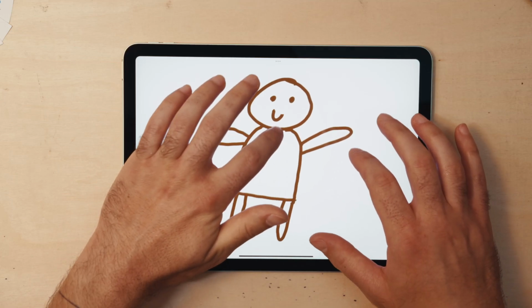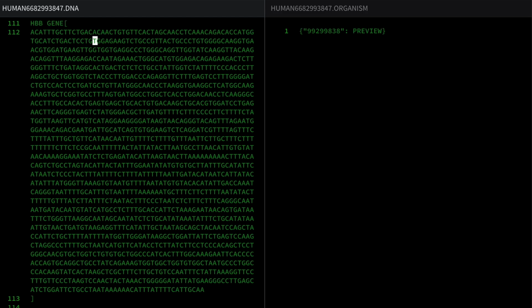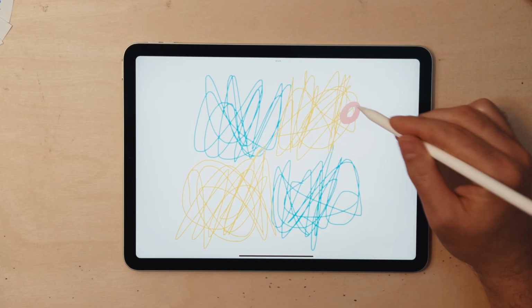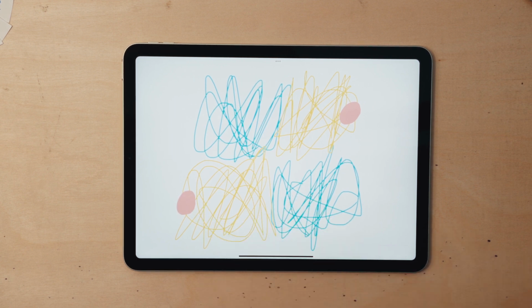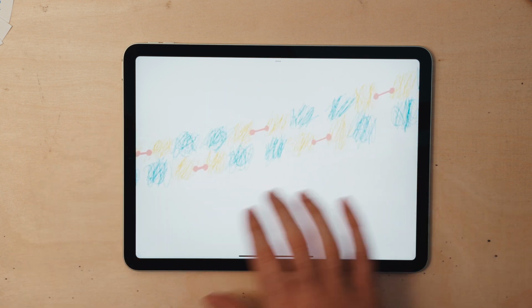Now let's zoom back out and see how that one little change cascaded into sickle cell disease throughout the rest of the body. Our mutated HBB gene still creates beta globin, but with one important difference. Now it has a chemical sticky spot. That creates sticky hemoglobin proteins, which stick together and make these long hemoglobin sticks inside of the red blood cells.